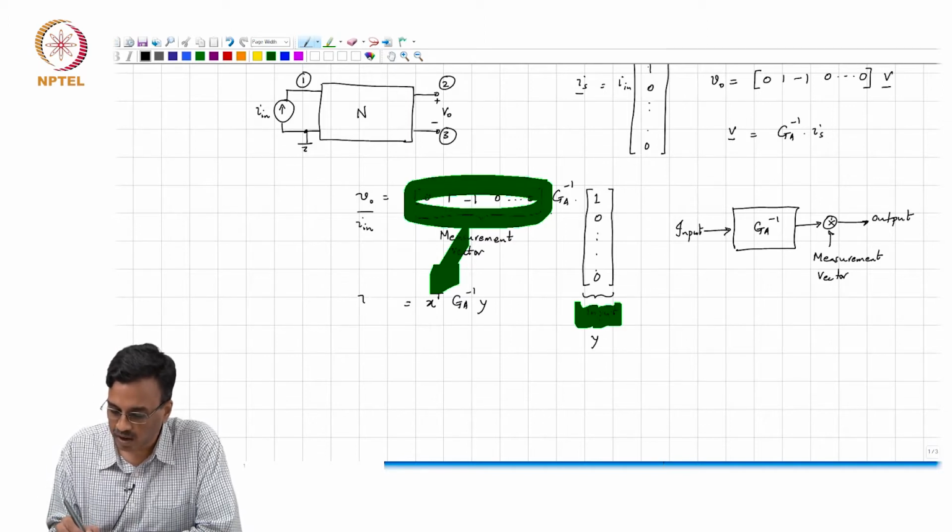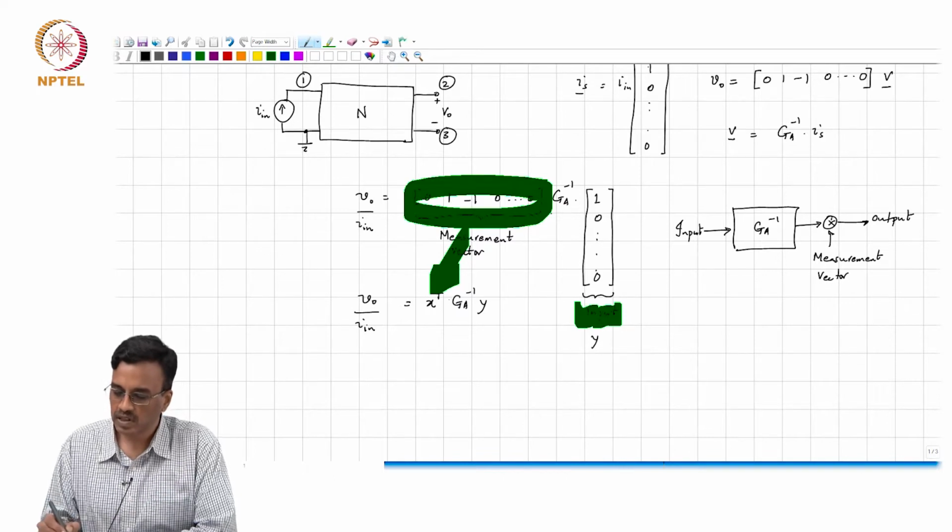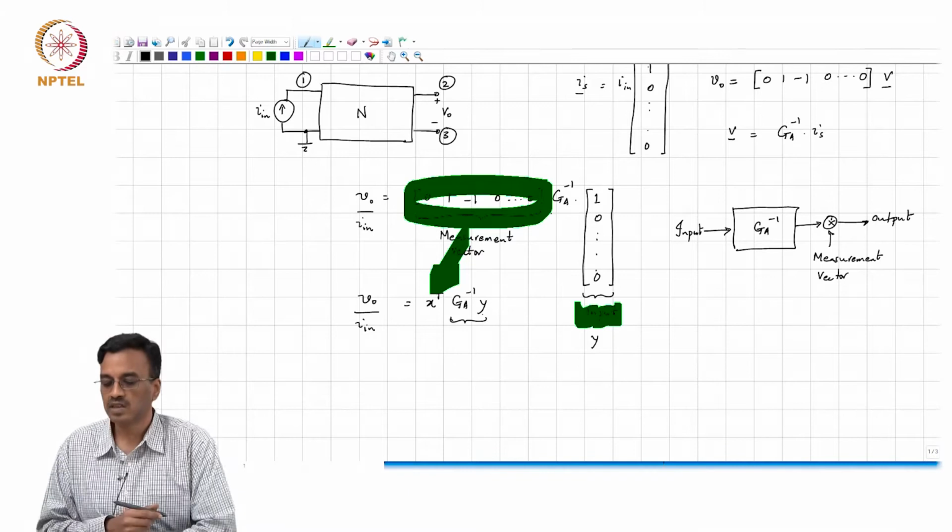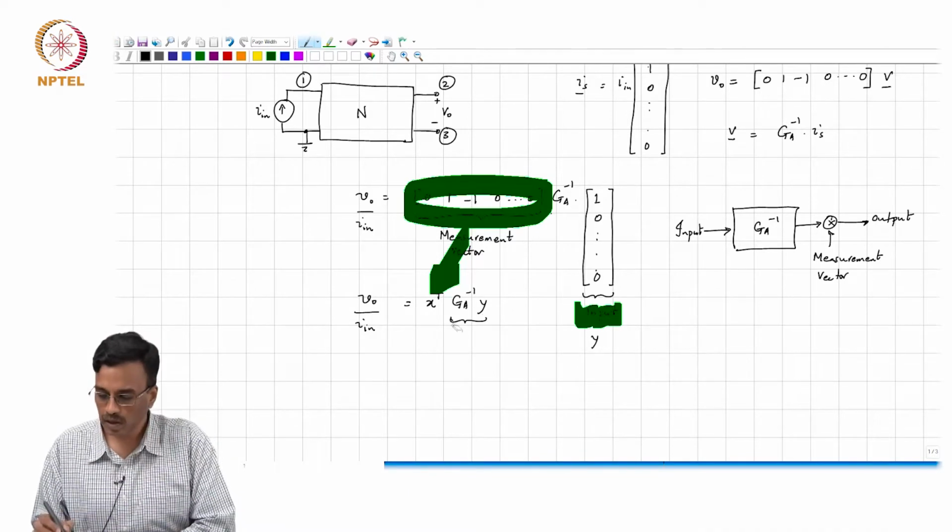So the scalar V_o by I_in is of the form X transpose times G_A inverse times Y.